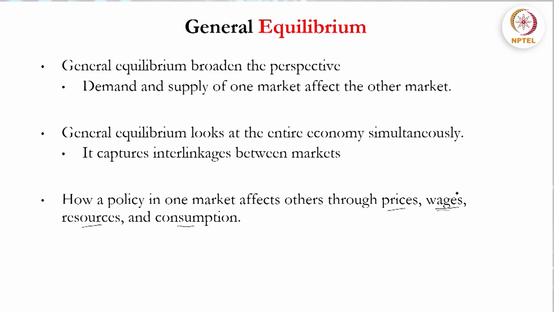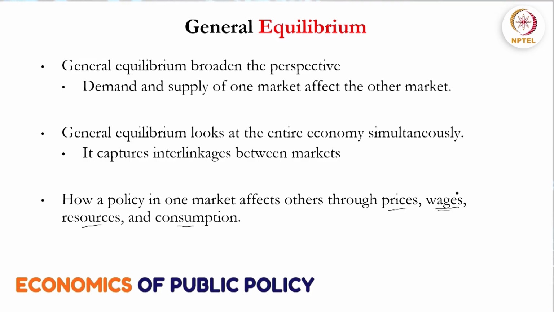So even to increase the price level or the wage level, we have to be very careful from the policy perspective about how it should be controlled and what kind of policy should be framed. Likewise, on resources there are so many acts and policies to control resources, and also consumption levels, right?